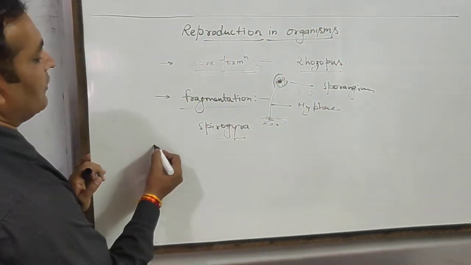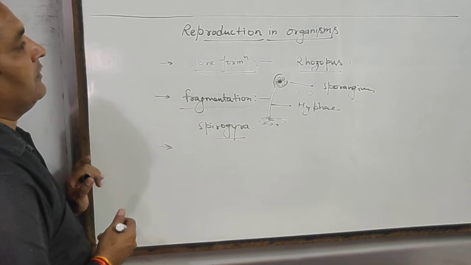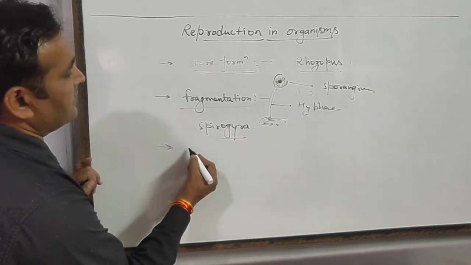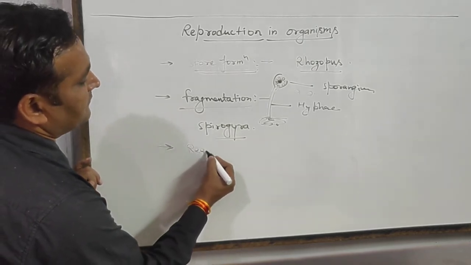Then another mode of asexual reproduction in organisms is regeneration.